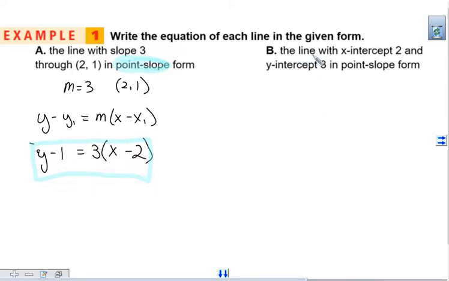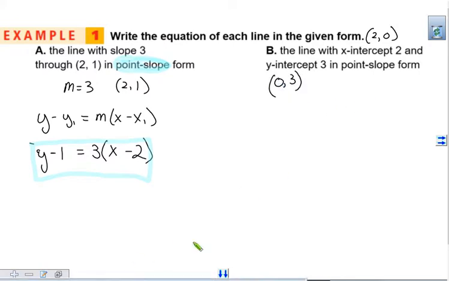Our next one, the line with x-intercept of 2 and y-intercept of 3 in point-slope form. So first off, I need to know what these points are. Our x-intercept is 2, 0. Our y-intercept is 0, 3.